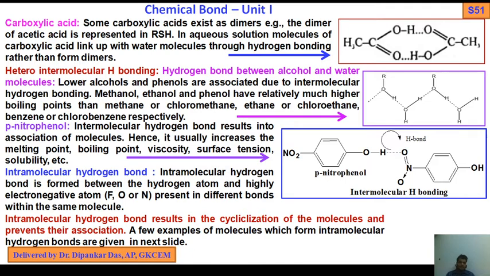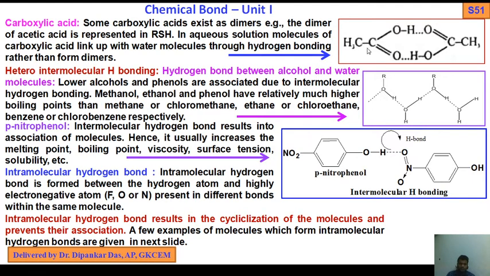Now come to intramolecular. Think of inter-college games and intra-college games: sports within the college are called intra, while between different colleges it is called inter. Likewise, within the same molecule it is called intramolecular hydrogen bonding.